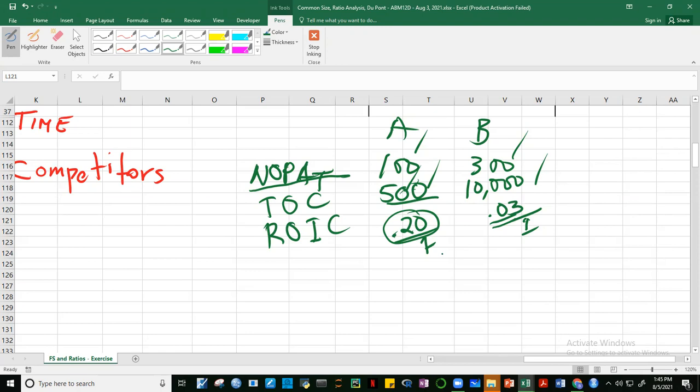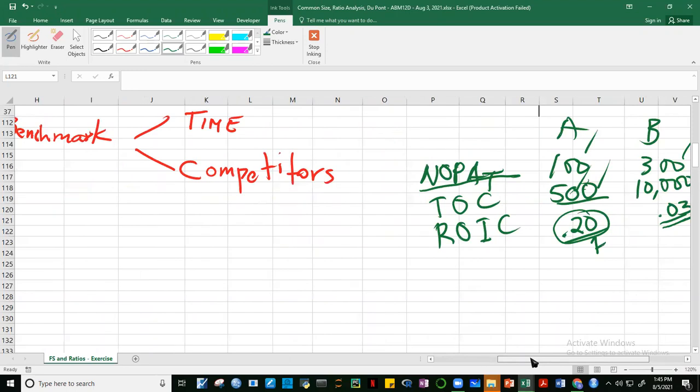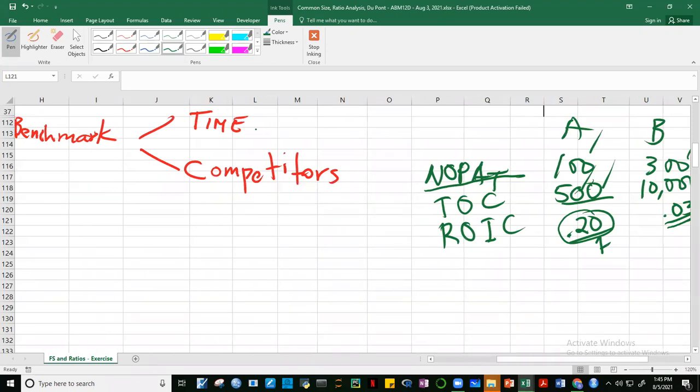Then we can say that it performed better in 2020. There was a marked improvement as far as operating efficiency is concerned. Kasi noong 2019, 0.05 lang. Ngayon 2020, 0.2 na. So ngayon, may basis tayo ng comparison, may basis tayo ng pag-assess kung good or bad ba yung performance. Kasi we benchmark against time, and not only against time, but it should be against competitors.